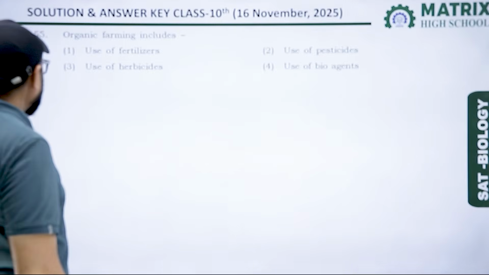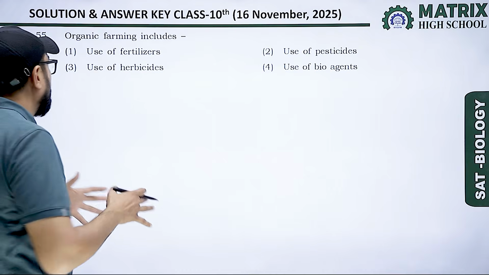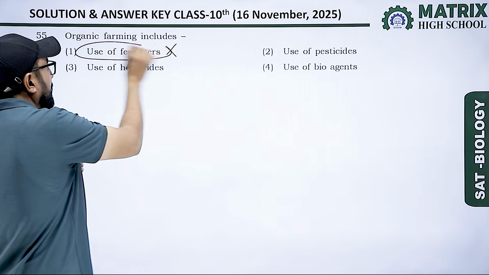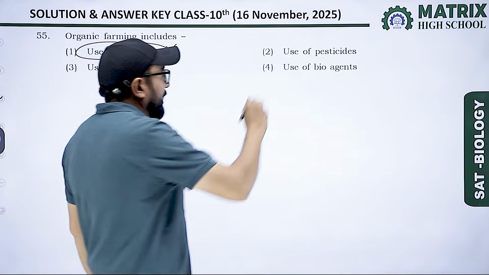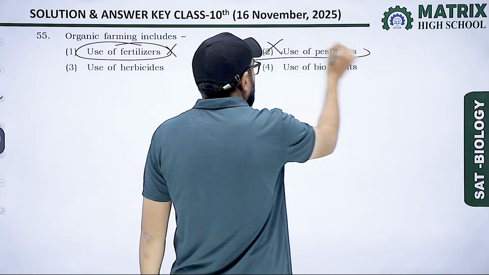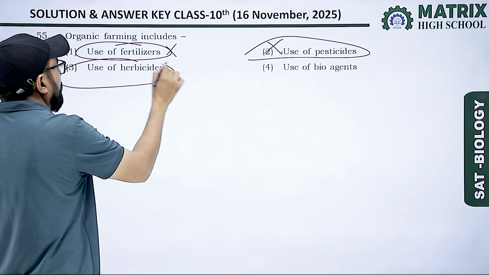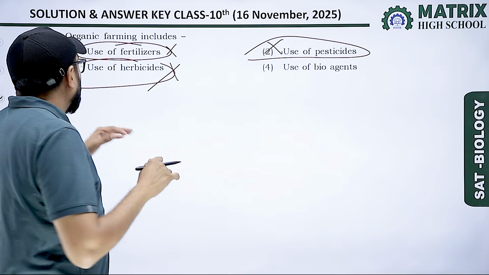Next, organic farming includes. Organic farming use of fertilizer? No, chemical fertilizer is not included. Use of pesticide? No. Pest control method, herbicide, herb control method? No, not included in organic farming.